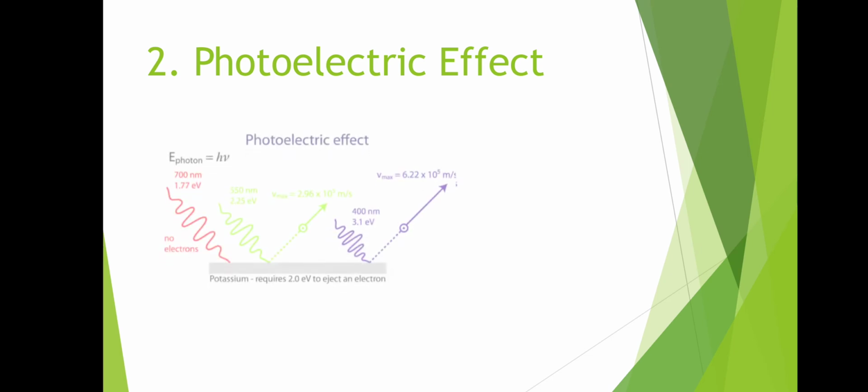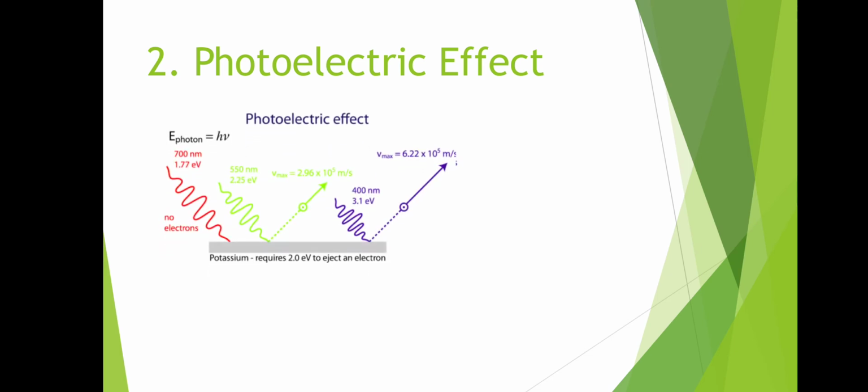To make it easier, in the explanation before, potassium requires 2 electron volts to eject an electron. When they use only red light, no matter the intensity or the duration, no electron is released.